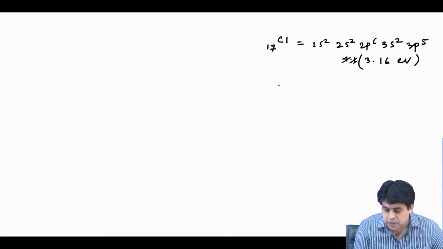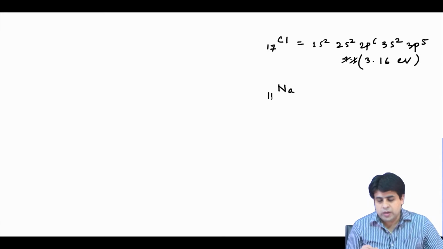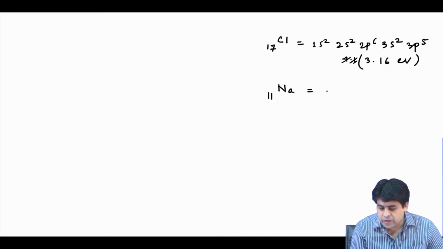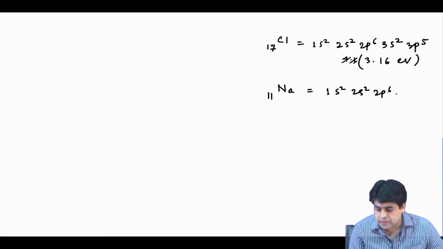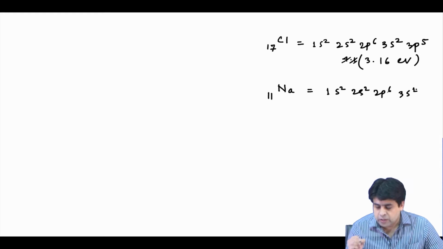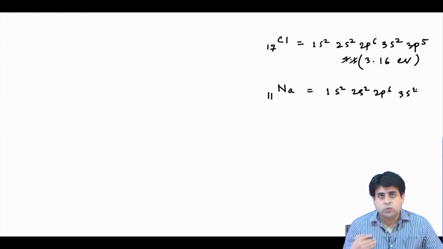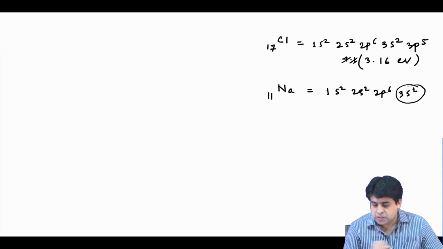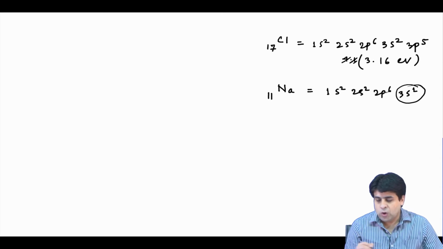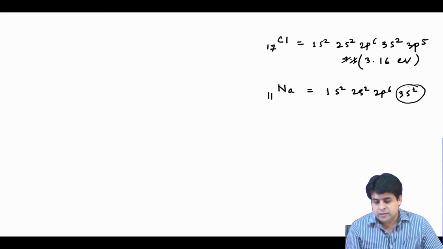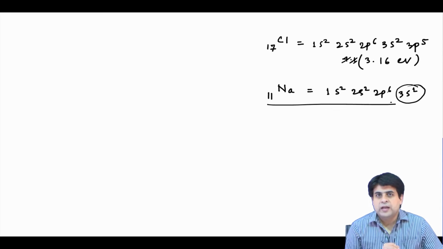If you see the sodium atom, which has 11 protons, the electronic configuration is 1s2, 2s2, 2p6, so you have 10 electrons, and then you have 3s1. This sodium atom can either remove the one electron present in the outer shell, or attract a total of 7 electrons to reach a noble gas configuration.